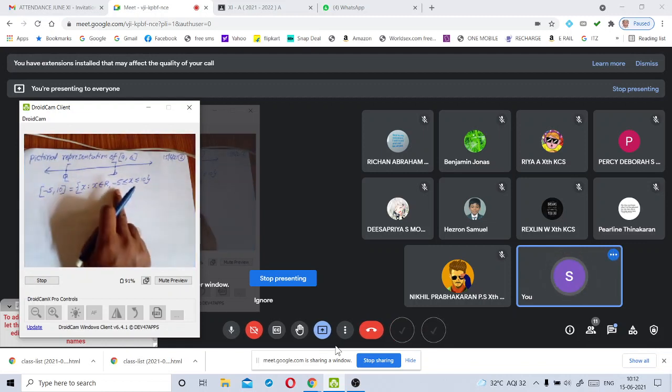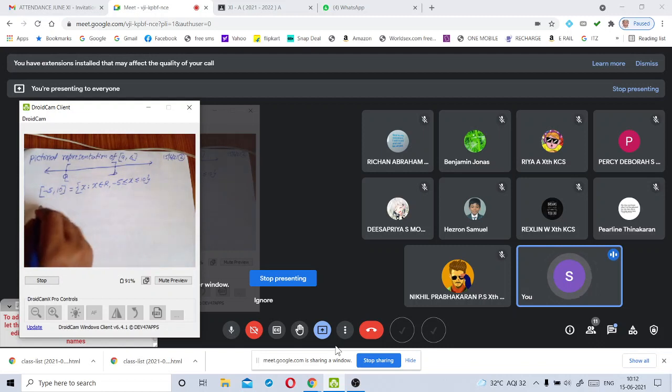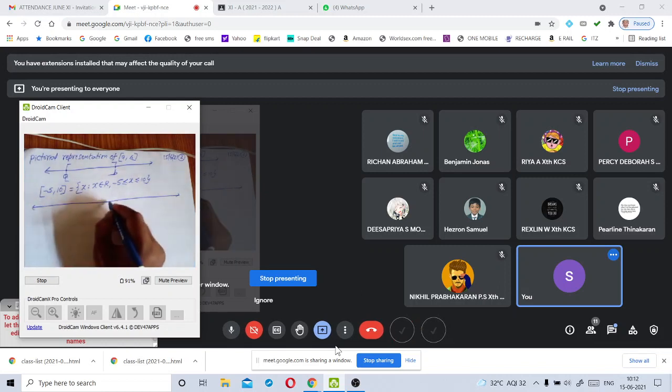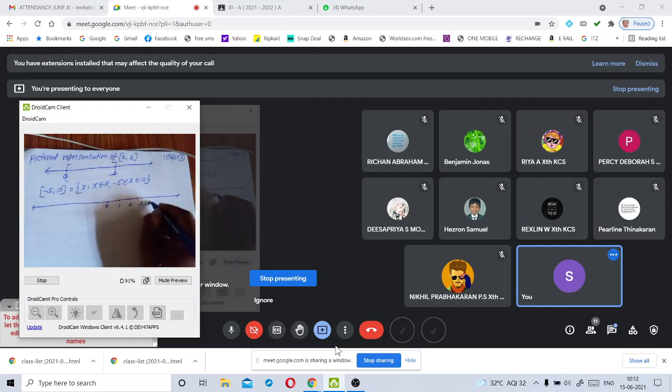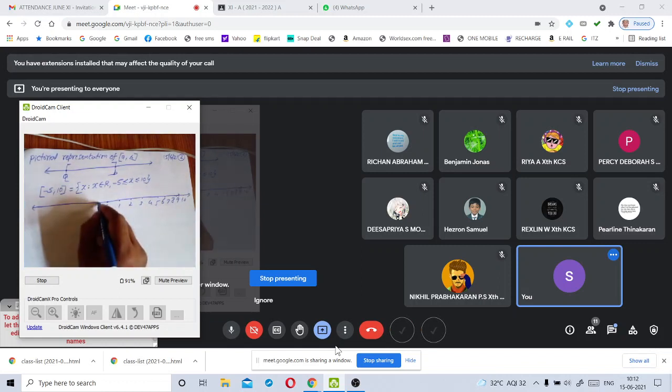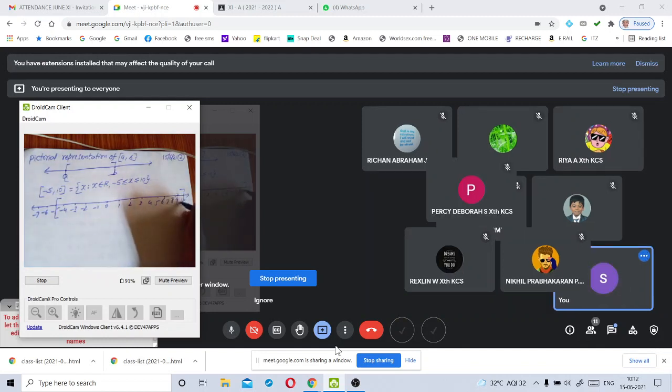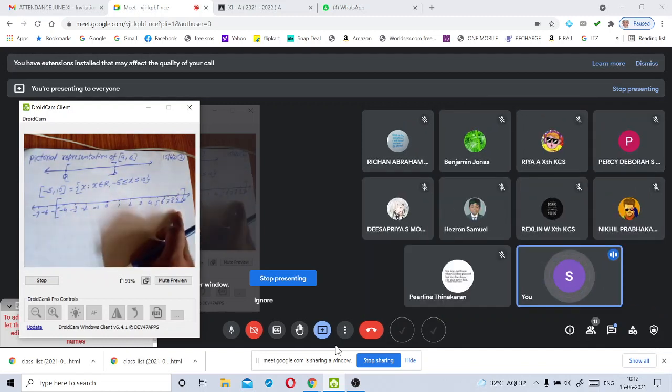We can represent this interval on the number line like this. So here minus 5 is here and here 10 is there. All the real numbers between minus 5 and 10.